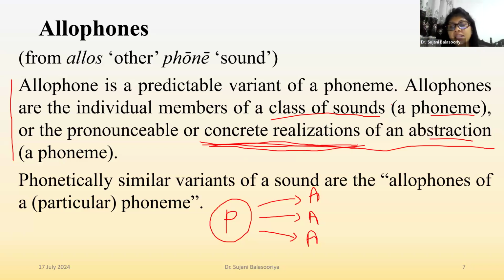But still, these three types of B sounds belong to the phoneme B. That is why we say phoneme is the family, and within the family, we have different pronunciations of that phoneme. These different pronunciations are what you call allophones. Was that clear about allophones?